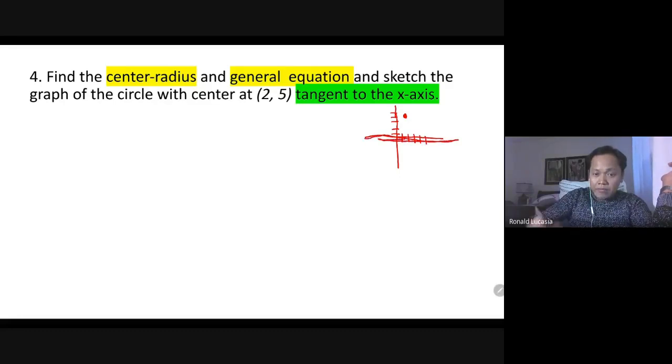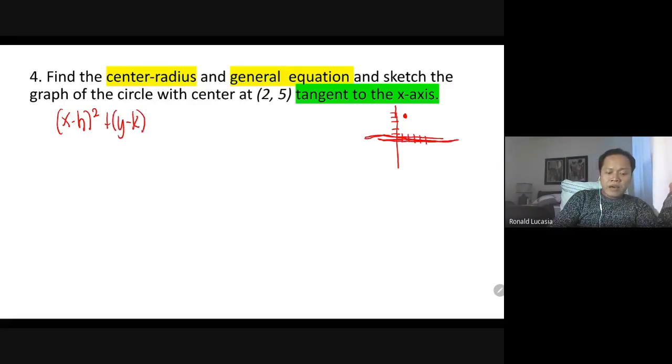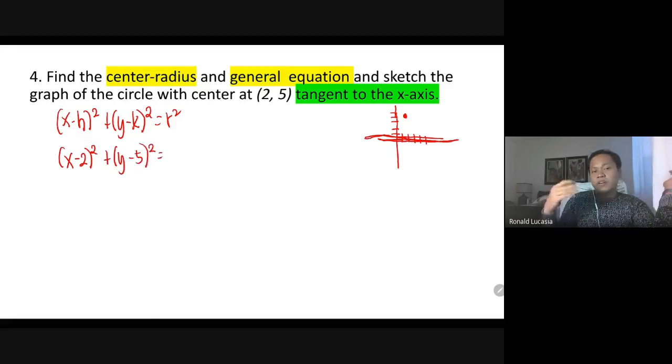Okay, must be tangent. So since the center radius form is given as (x - h)^2 + (y - k)^2 = r^2, our h there is (x - 2)^2, (y - 5)^2. Where can we get the radius?